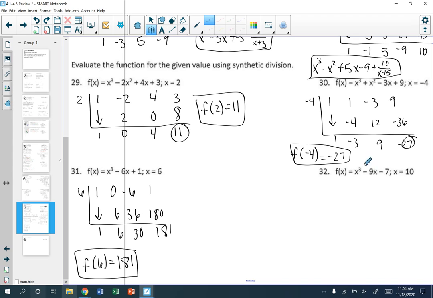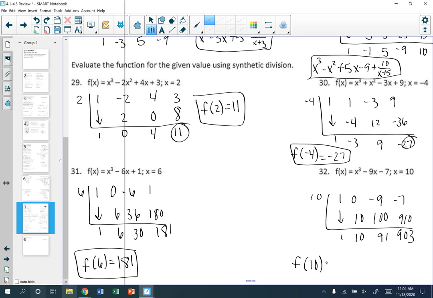All right, last one. Again, we're missing our x squared term, so we need a 0 as a placeholder in there. F of 10 equals 903.